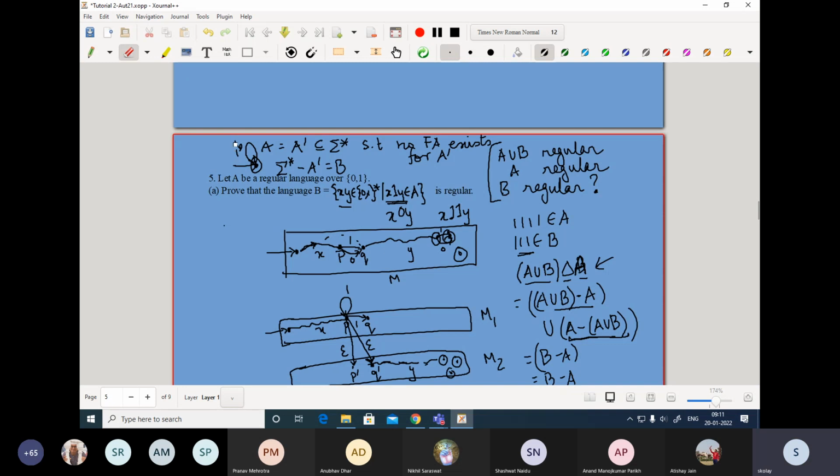So A union B here is sigma star, which is regular. B is sigma star minus A.